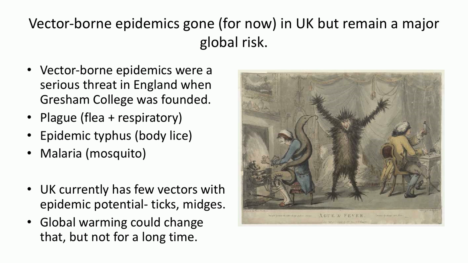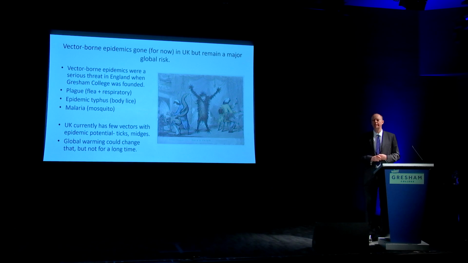Not next year or the year after that, but at some point in the foreseeable future, if temperatures go up, various vectors will move up away from their current heartlands into slightly warmer climates, and we could therefore get transmission, which we cannot currently do. So this is an area where global warming could potentially change things in the interests of the infection.